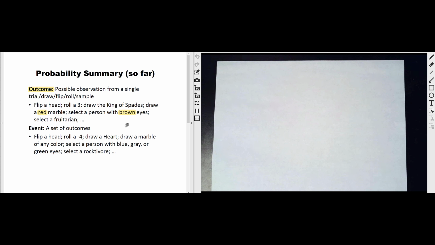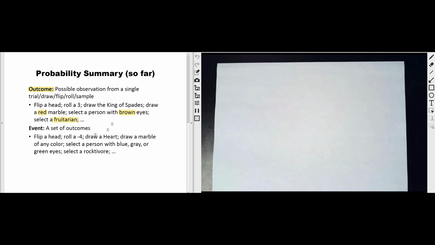Or we might select a person randomly and ask them about their diet and learn that this person is a fruitarian, so only consumes fruit. Now, an event, which is usually what we talk about when we're actually stating probabilities, is some set of these possible outcomes, depending on the trial or experiment that we're performing.